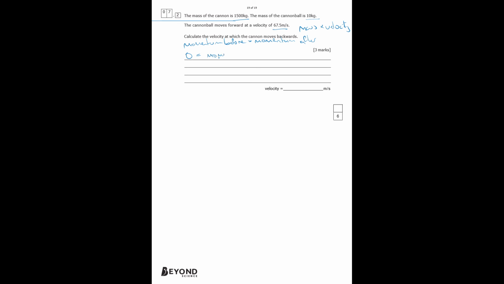So momentum of cannon plus momentum of ball afterwards, which I've just said is m and v. So 0 equals m of cannon times velocity of cannon plus the mass of the ball times the velocity of the ball.